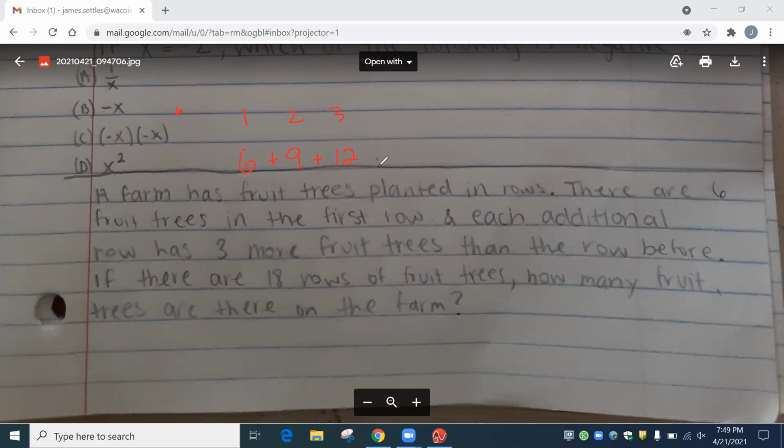And so the formula for what this is called, an arithmetic sequence, which is a sequence. Actually, no, that's not even doing what I think it's doing. That would help me find the 18th number, but it wouldn't add it all together. And they want to know how many.